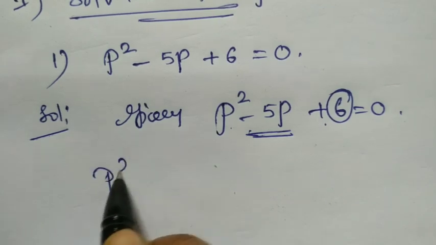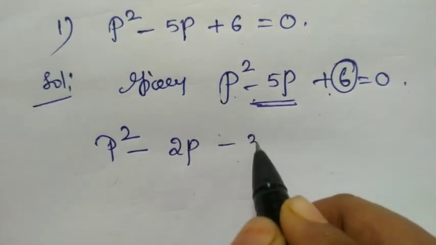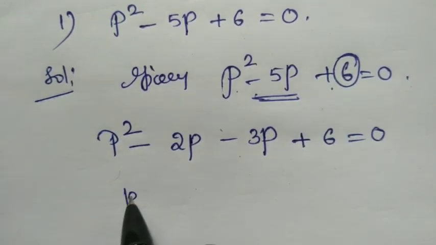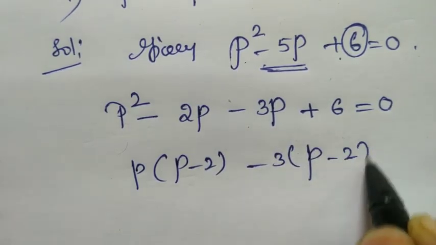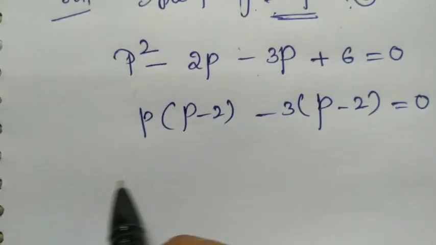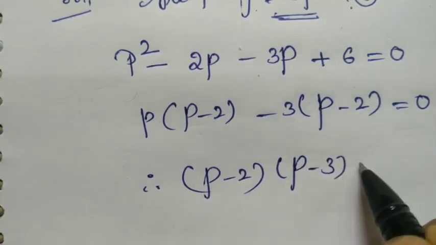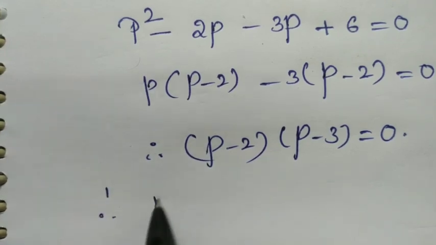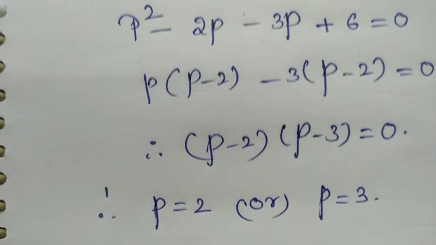So I am writing this equation as p square minus 2p minus 3p plus 6 equal to 0. That is, p is common, p minus 2, minus 3 of p minus 2 equal to 0. Therefore the factors are p minus 2 and p minus 3 equal to 0. So p equal to 2 or p equal to 3.